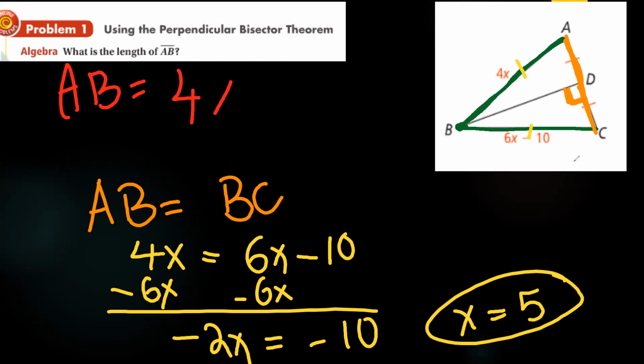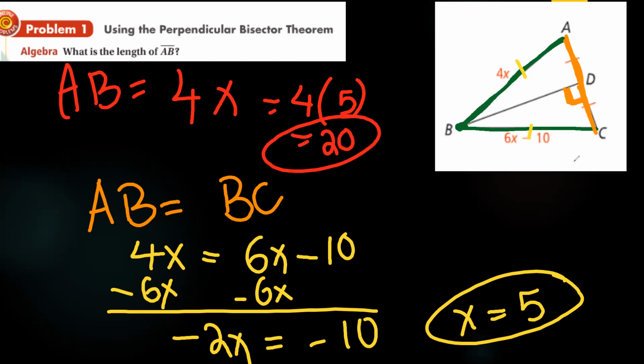Since AB is 4x, it's 4 times 5, which is 20. So the length of this side will be 20. And here, 6 times 5, 30 minus 10, it must be 20. Is it clear? Yes, teacher.